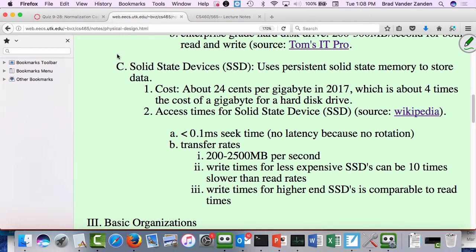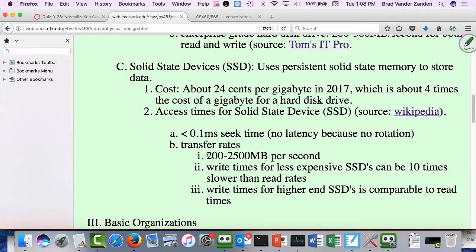Okay, and the reason is it's not using moving parts. It's using persistent solid-state memory. I'm not a hardware guy, so I can't tell you exactly what type of memory it's using. It's not as fast as random access memory, but it's still pretty fast.